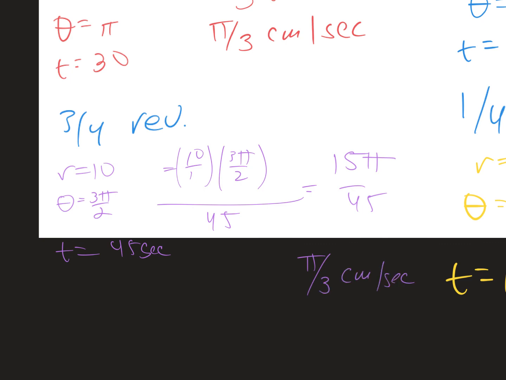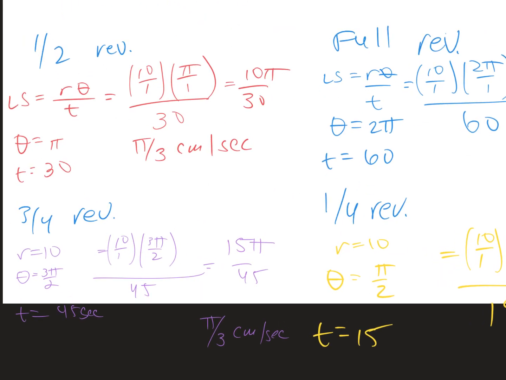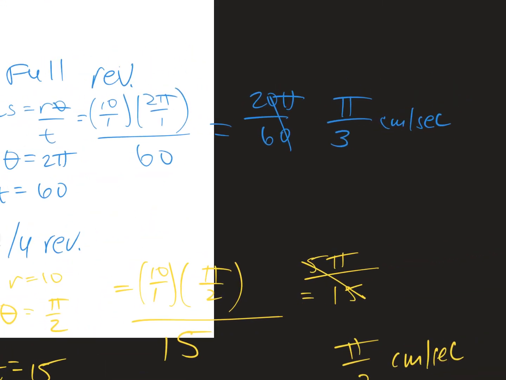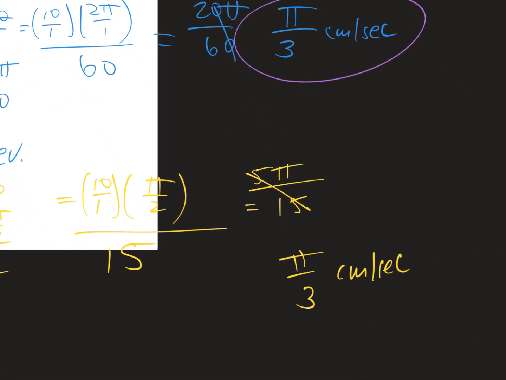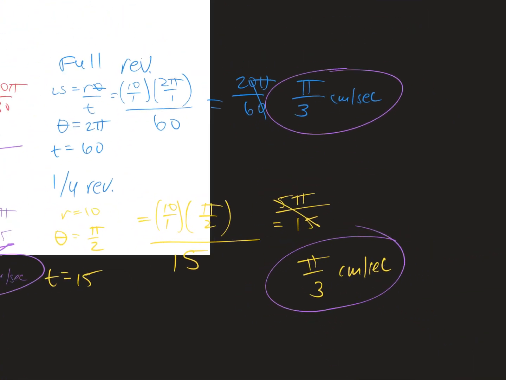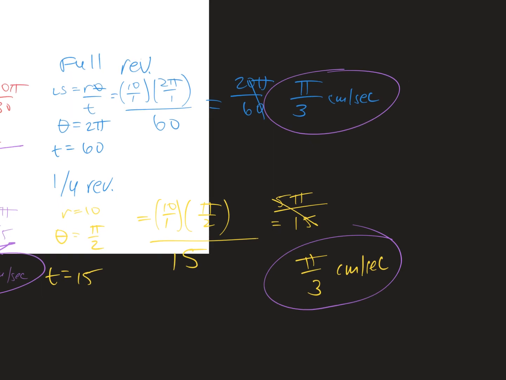What do you guys notice about all of your answers? They're all the same. Why is that? Okay, same radius. Good. I like your thinking. What are we talking about? The second hand of a clock, right?